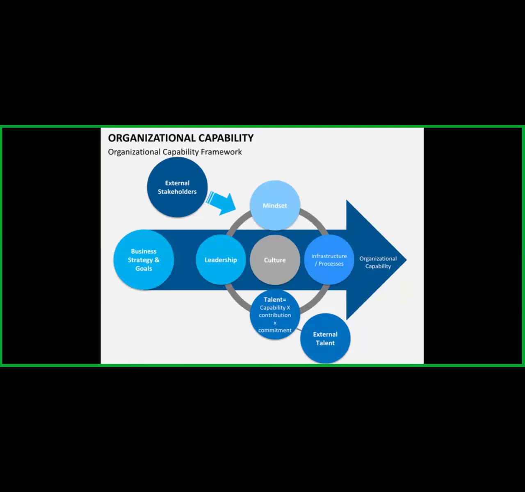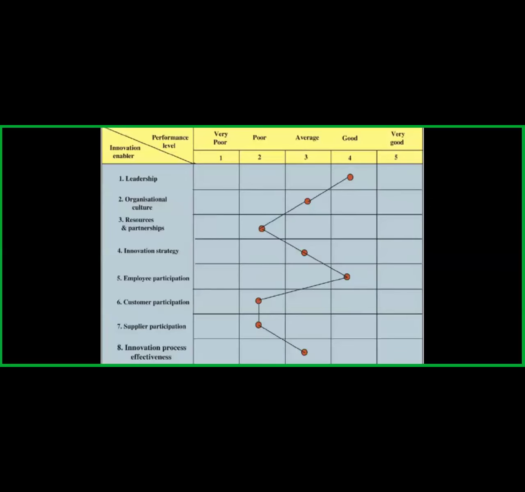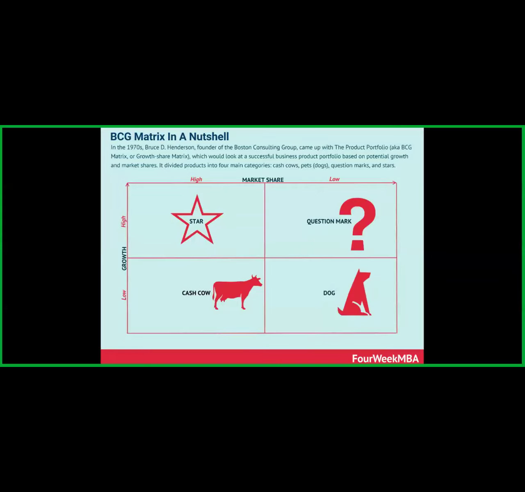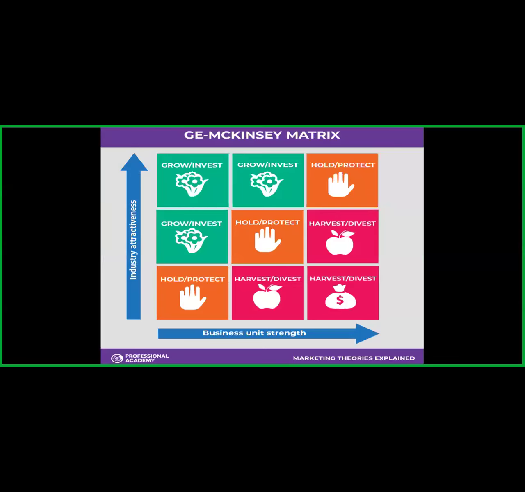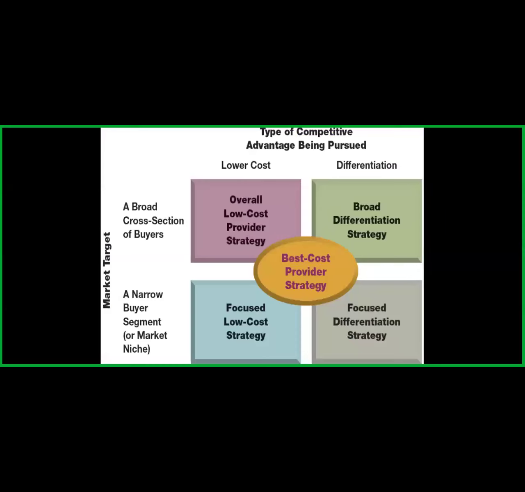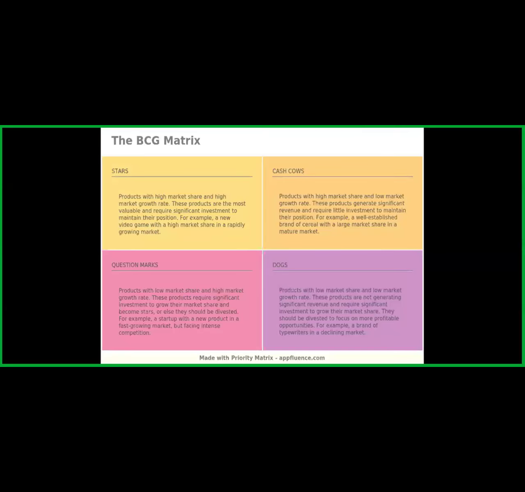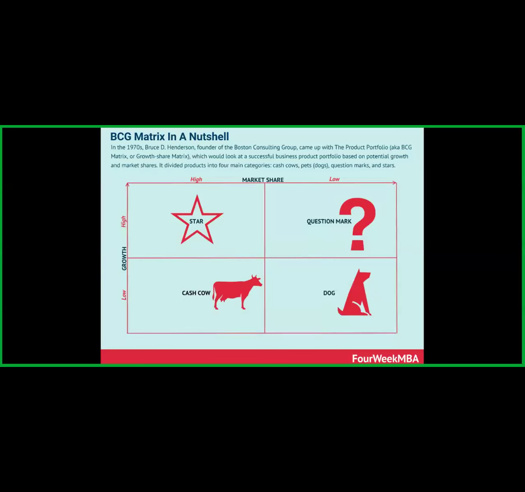Today we will be discussing the BCG matrix, then the GE McKinsey matrix, and various types of competitive strategies, in which we will discuss the five major types of competitive strategies. These three topics we will try to complete in today's session. So we will start with the BCG matrix.